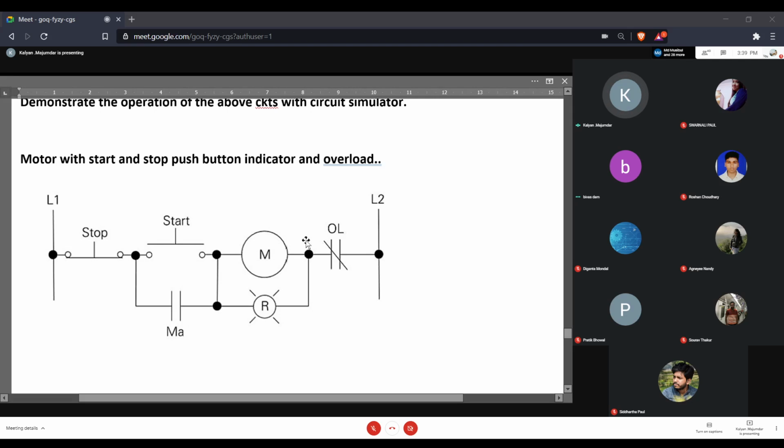এই যে OL stands for overload. Normally this is closed, but when the current that is being drawn by the motor is within the rated value, this is a close contact. এবার যে কোনো কারণে যদি মোটরটা excessive current draw করে, the motor is drawing an excessive current which is greater than the rated current, it points to something unsafe.